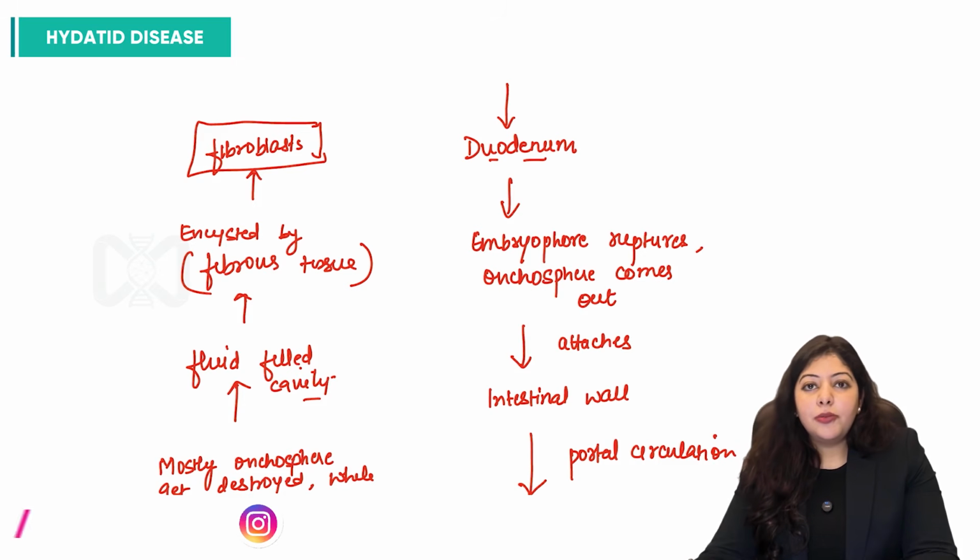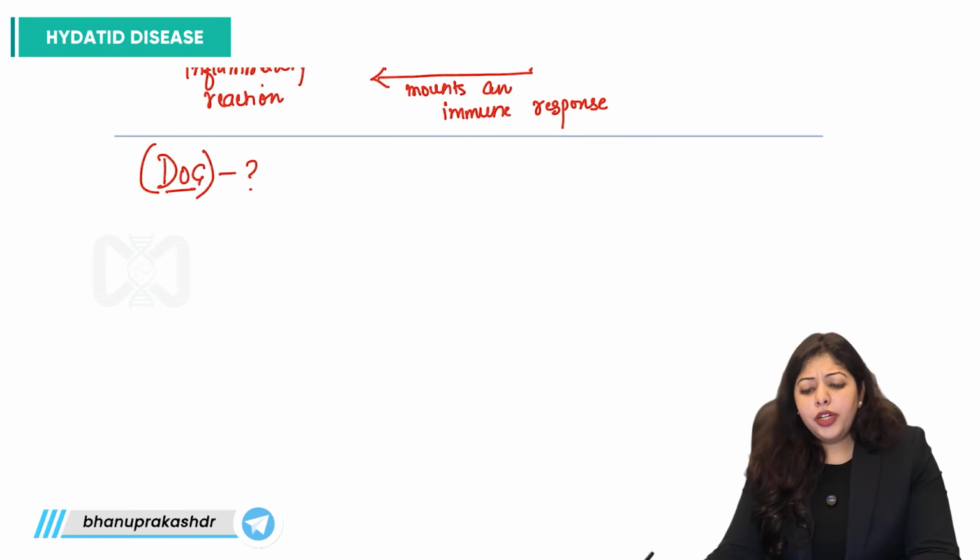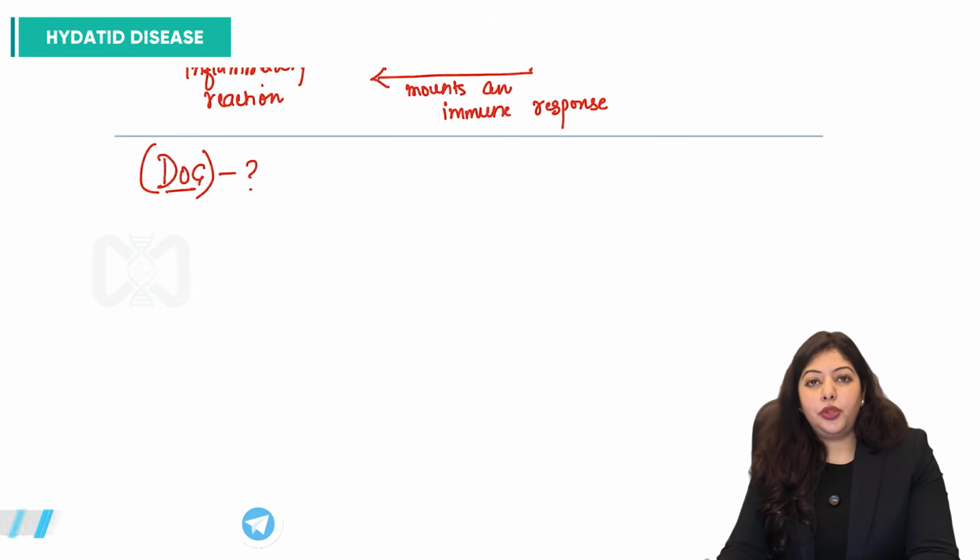So we said humans are only the accidental host. Otherwise, these eggs would be eaten up by sheep, but humans get accidentally infected with dog feces which have the Echinococcus egg, right? So what exactly is happening in the dogs?